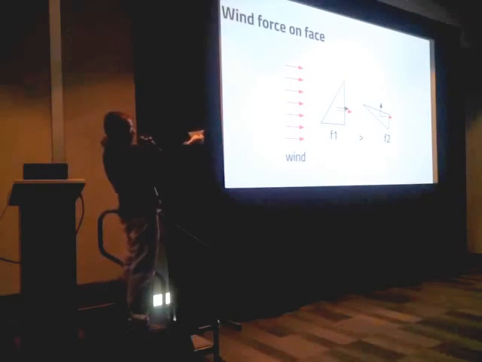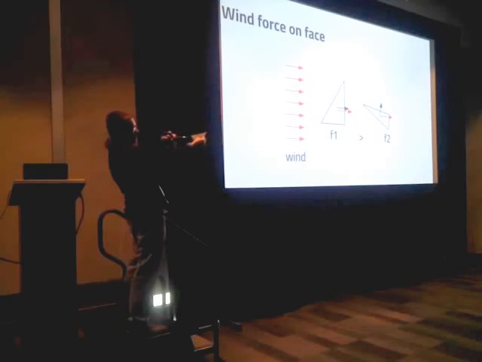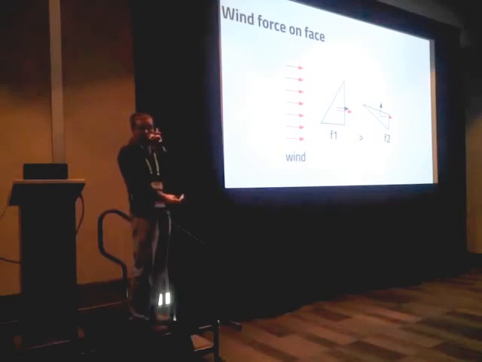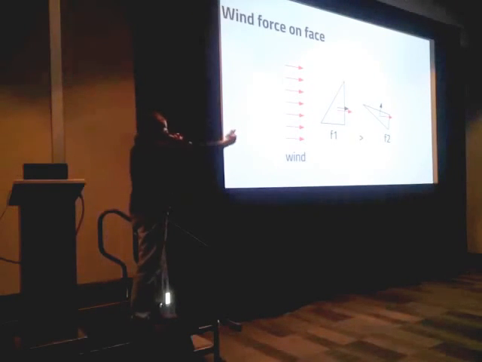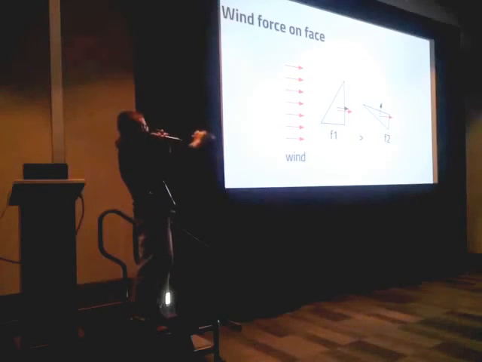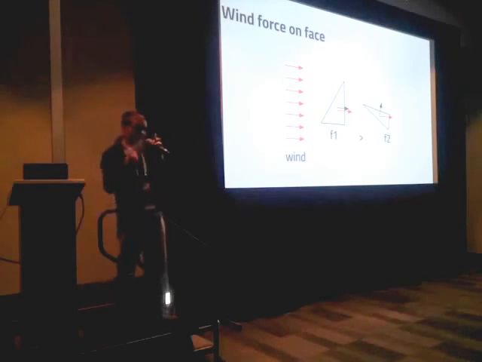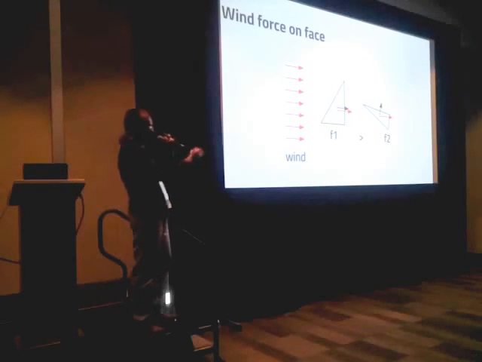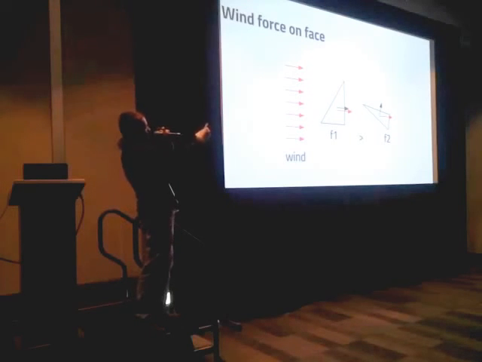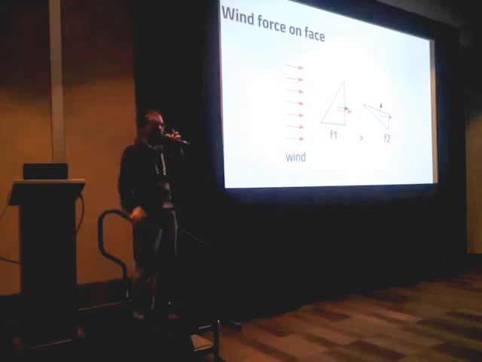If it is oriented just directly to the fluid flow direction like that, okay, this microphone is a fluid flow vector, like this. So the force is large. This triangle will go fast. If we orient the triangle like this, the force will be very low. And this is interesting because with this simple assumption, nothing more, this is low force, this is a large force, okay?